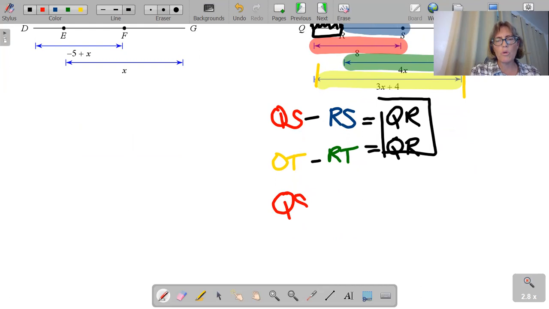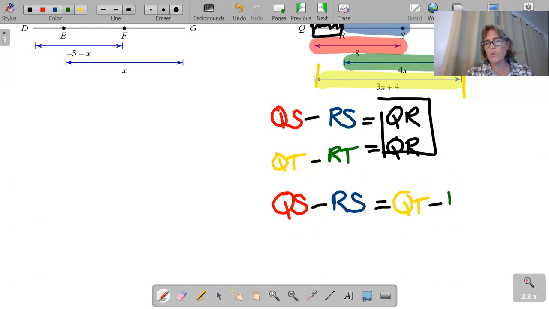So we know QS minus RS, red minus blue, is going to equal QT minus RT, yellow minus green.